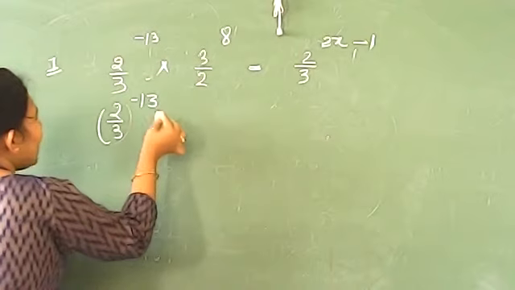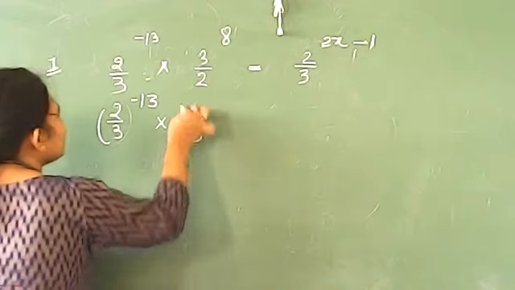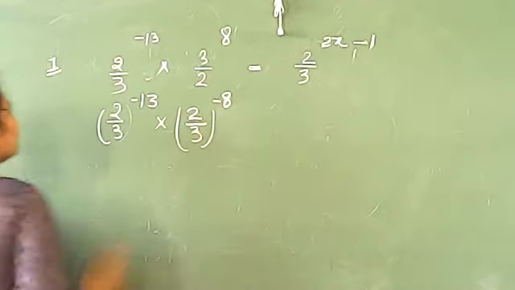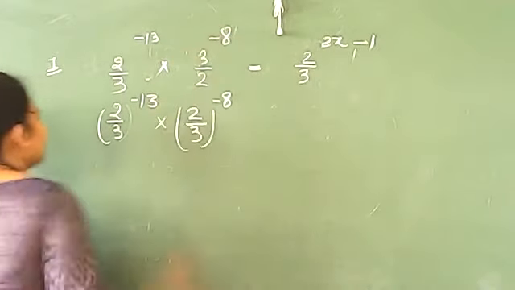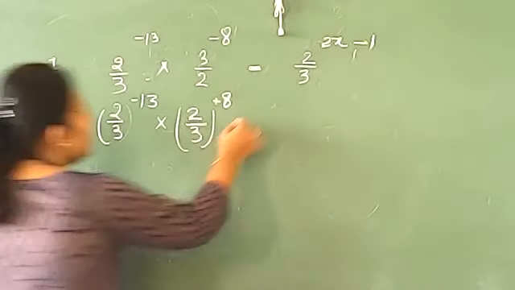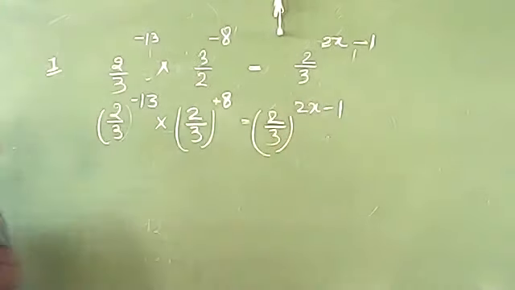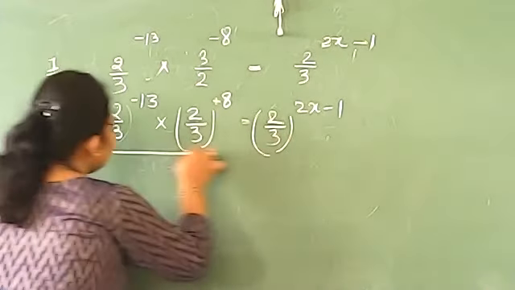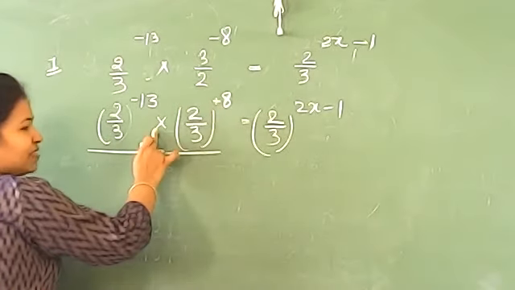Now here we have 3 by 2 to the power -8, which becomes 2 by 3 to the power +8. Now we have all the bases the same, and the powers are different with a sign of multiply in between.